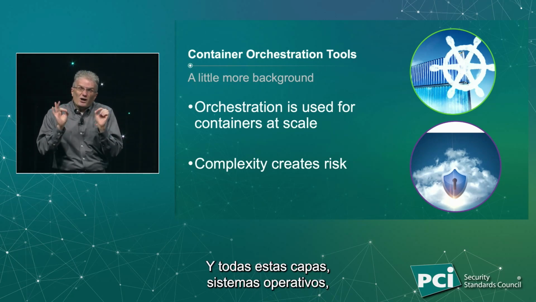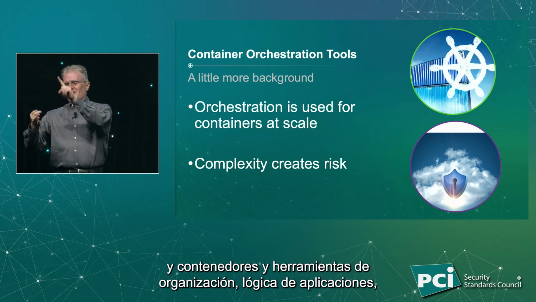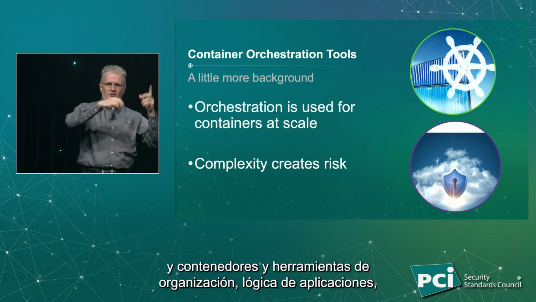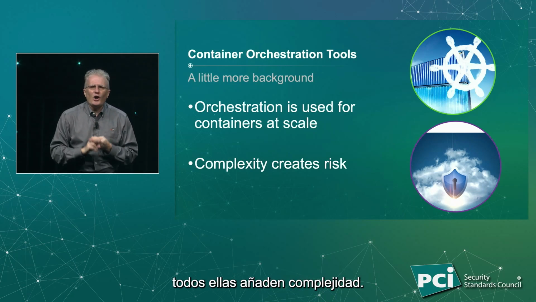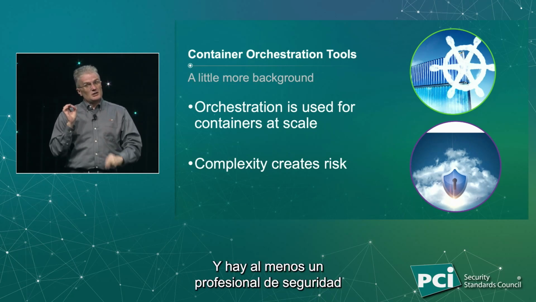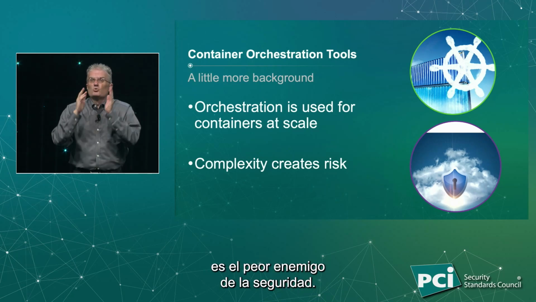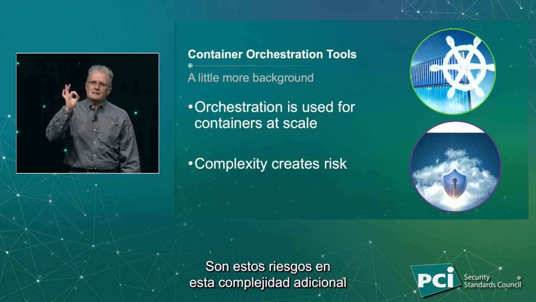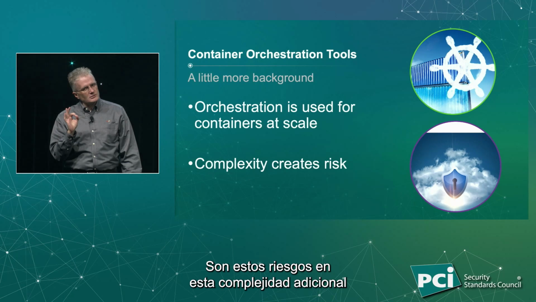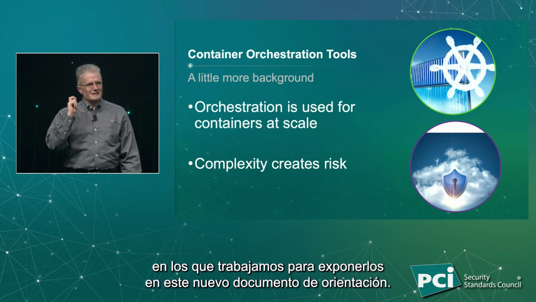And all of these layers, operating systems and containers and orchestration tools, application logic, and presentation tier, all of these different layers, they all add complexity. And there's at least one security practitioner who is fond of saying complexity is the worst enemy of security. It's these risks and this additional complexity that we're working to expose in this new guidance document.